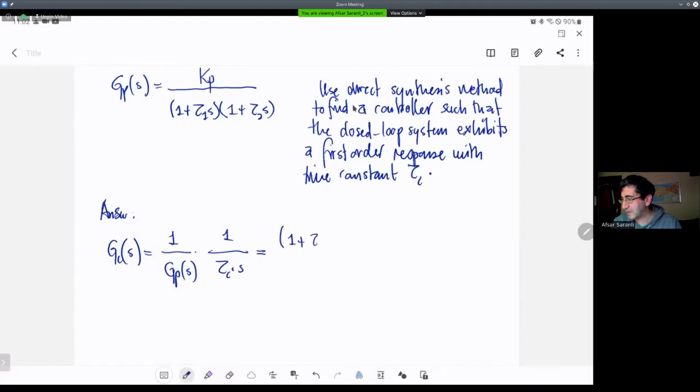I have 1 plus tau 1s, 1 plus tau 2s in the numerator here, over I have Kp times tau cs over, 1 over tau cs. Okay, so we are going to expand that numerator.